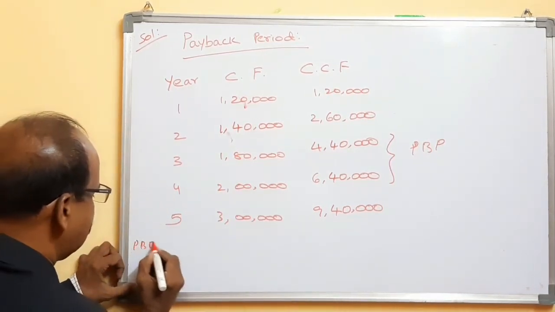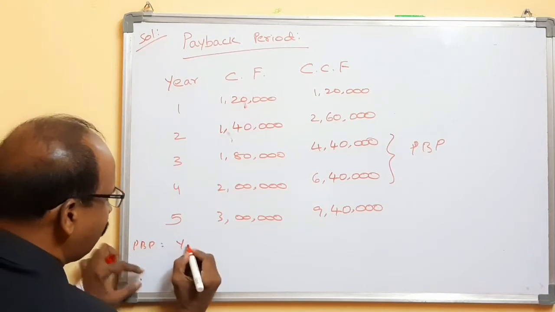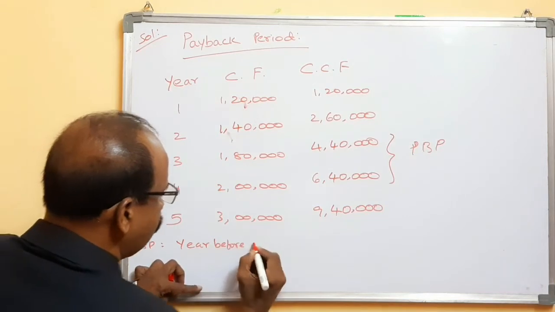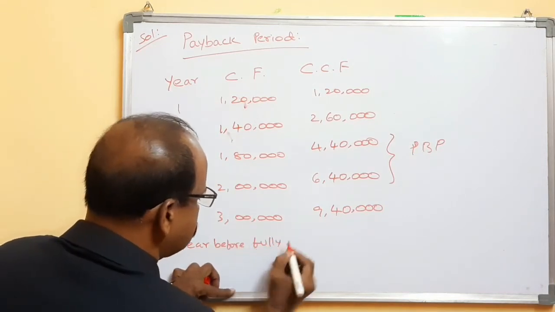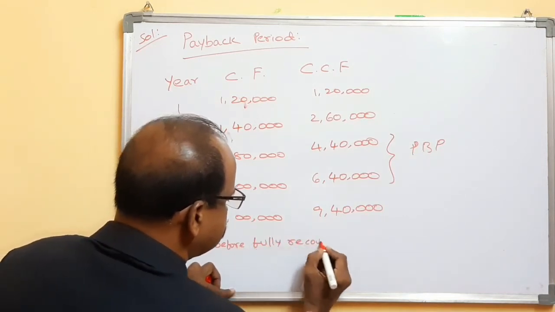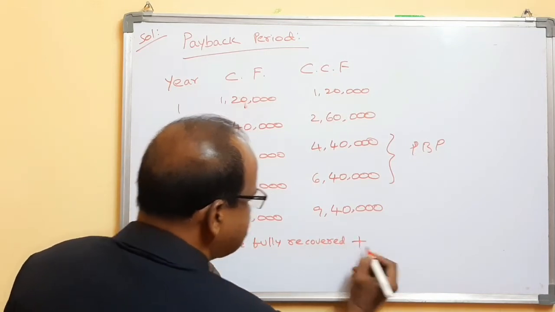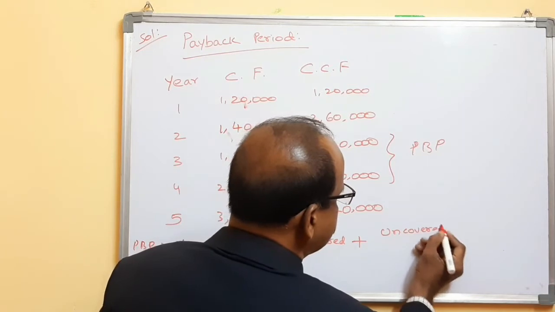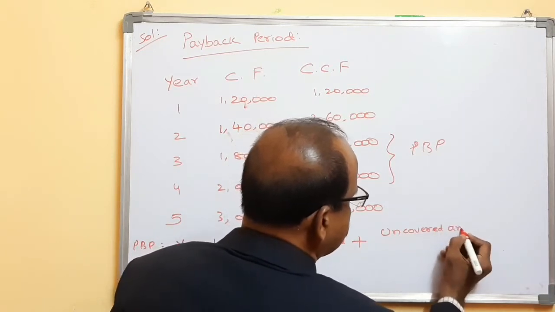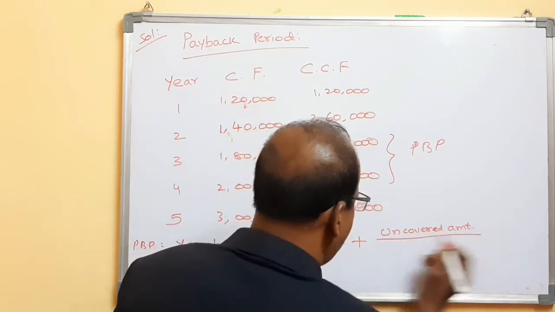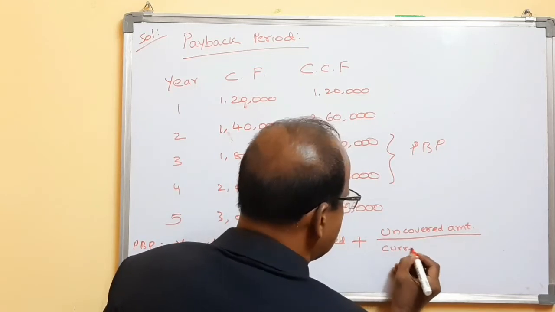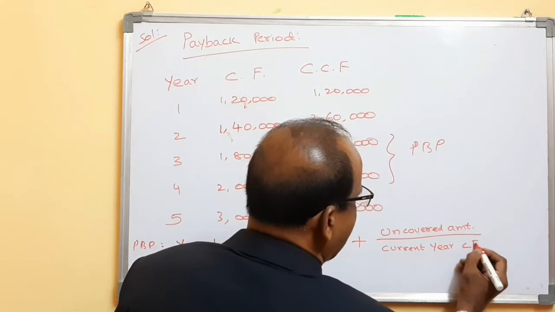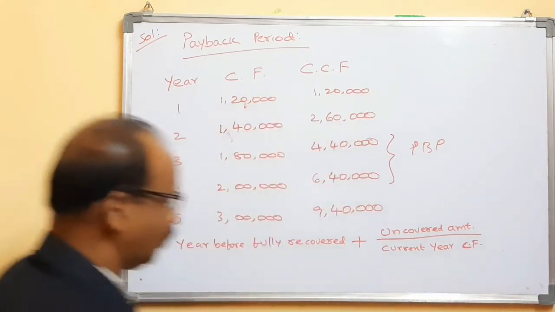Payback period equals the year before fully recovered plus uncovered amount by current year cash flow. Current year cash flow.